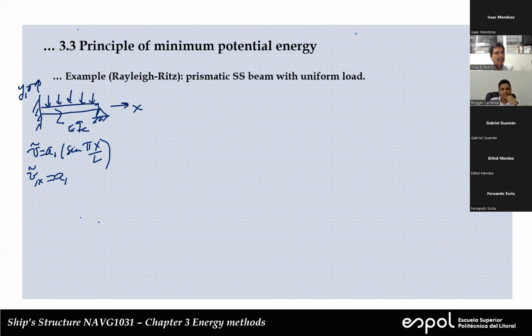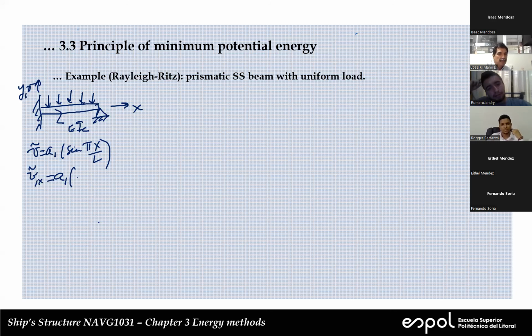Mr. Romero, the derivative of the sine is equal to? Pi over L times cosine of pi x over L. Yes. And the problem is that this function at 0, how much is this, Mr. Romero? Is this 0? At 0? It is 1. So this is incorrect.